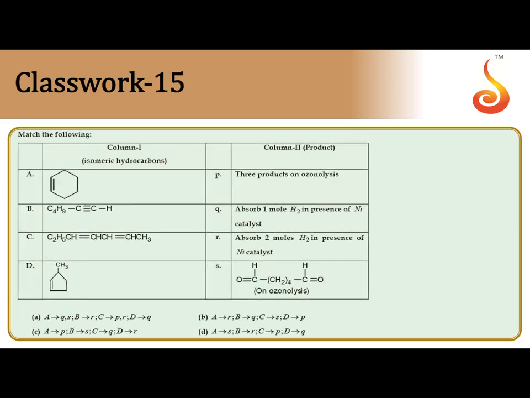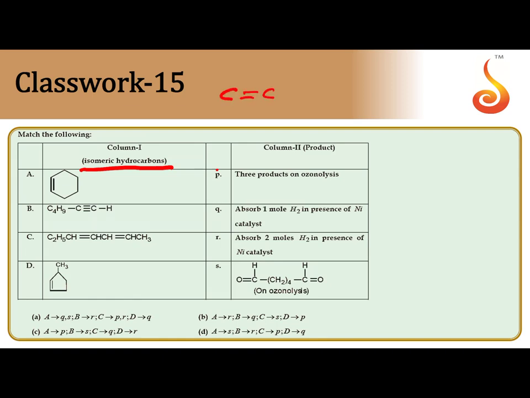Next one. This is a little big one. Isomeric hydrocarbons are given in column 1 and the products obtained by different methods are given in column 2; you have to match. If you take P in column 2, 3 products on ozonolysis.